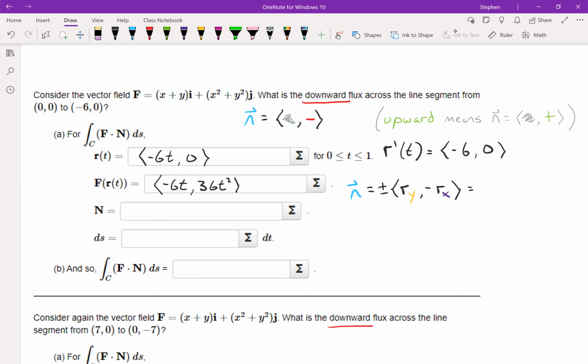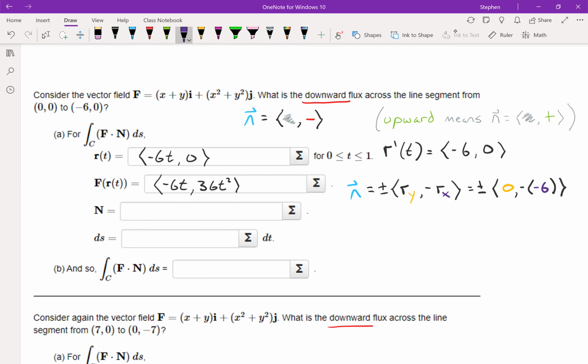So if we do that, our normal vector should be plus or minus the y value of the derivative, which is 0, and then going into negative the x value of the derivative of r.